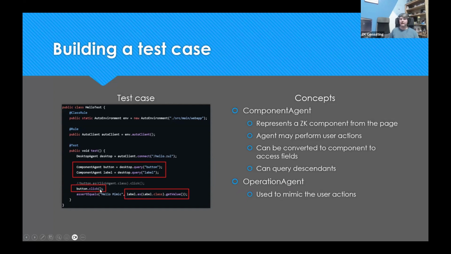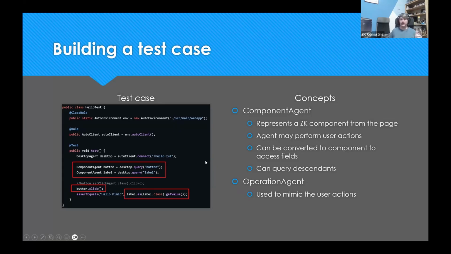The slightly less easy way is to transform our component agent into a click agent. A click agent is an operation agent that is going to mimic user interaction. In this case, it's specifically going to be used in order to make clicks, right clicks, double clicks, anything that has something to do with a click event.